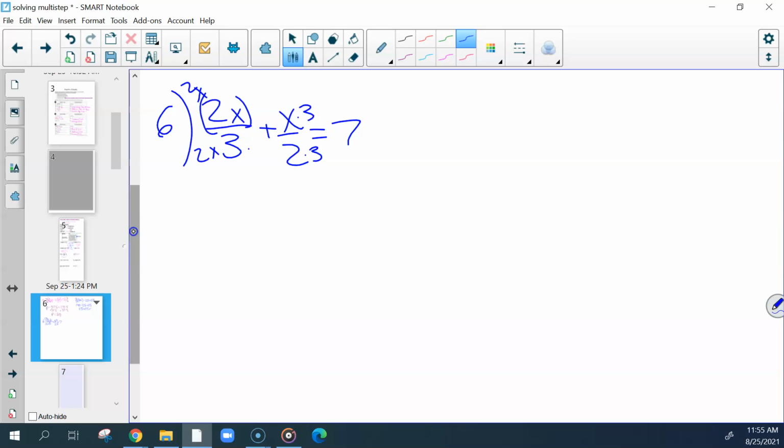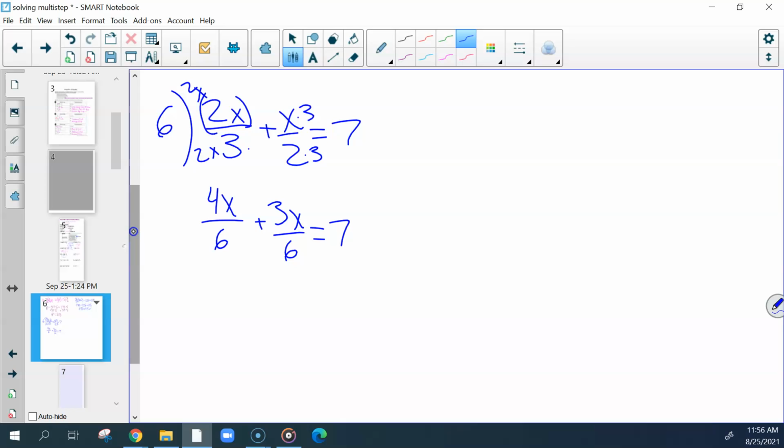So in this way, we're just changing the fractions. We're not changing the entire equation or multiplying something to the entire equation. So it doesn't need to happen on both sides. So this is 2 times 2x is 4x. X times 3 is 3x. Now I have the same common denominator. Now I can combine these fractions.